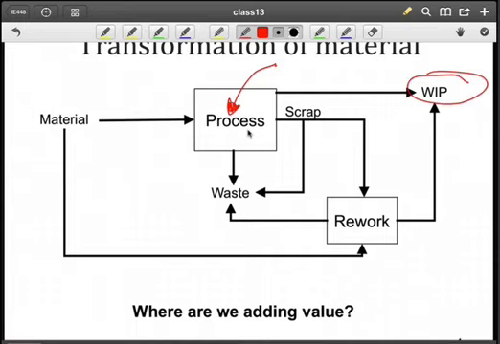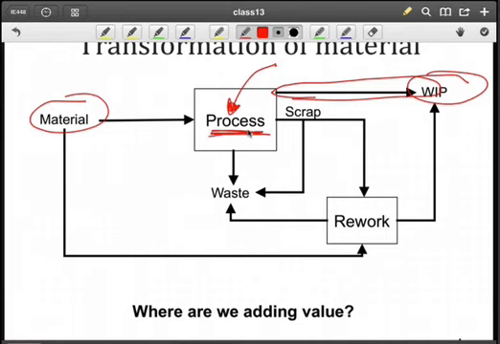The good product becomes work in process. So the WIP represents product that proceeds on to the next process. The material entering this process begins in its initial state and then ends up in a different state once it has been processed successfully. Now the downside here is what happens when things go wrong.